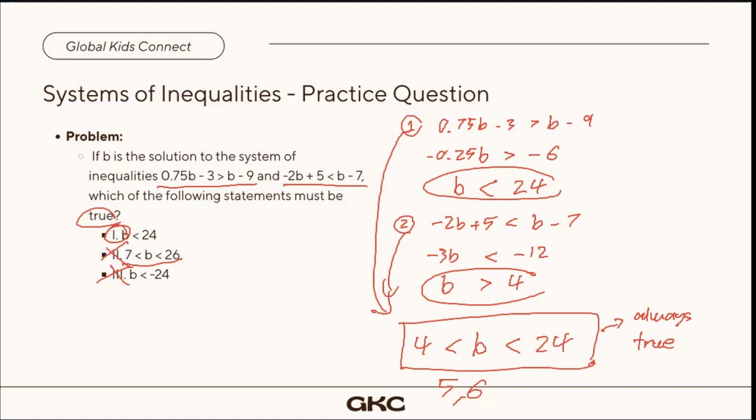Although every value is less than 26, because every value was less than 24, we cannot say that every value is greater than 7, because we also have values less than 7 within our always true general inequality. Thank you for pointing that out. And so our final answer will be statement one only.